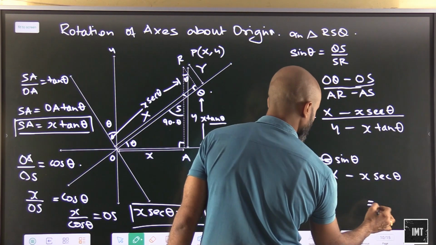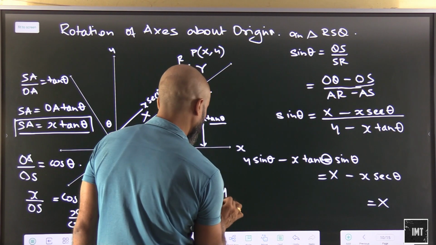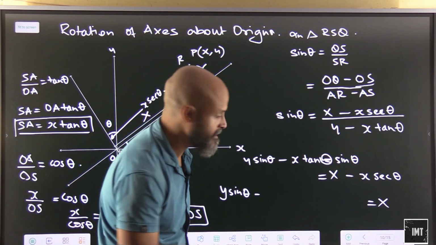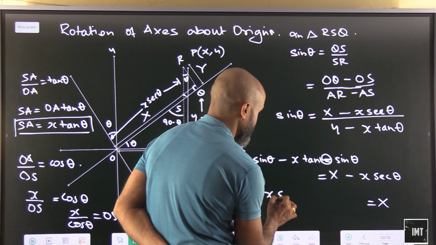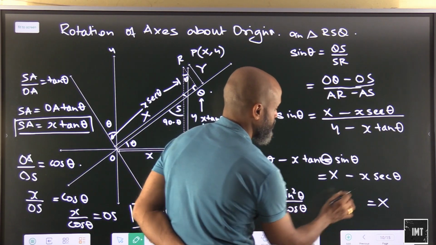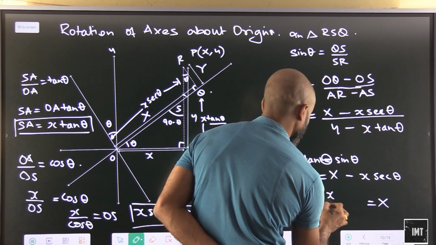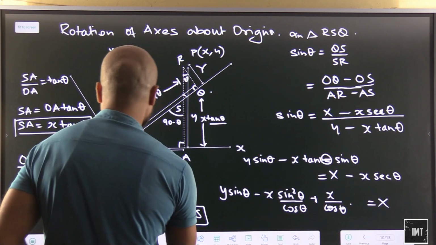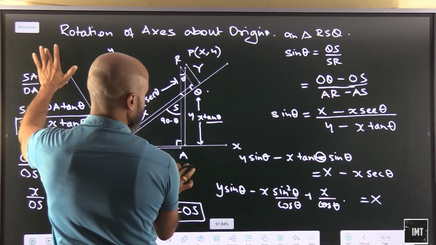So capital X is going to be y sine theta minus x tan theta sine theta, which will be x sine square theta by cos theta plus x by cos theta. X sec theta means x by cos theta. Let's calculate this here.